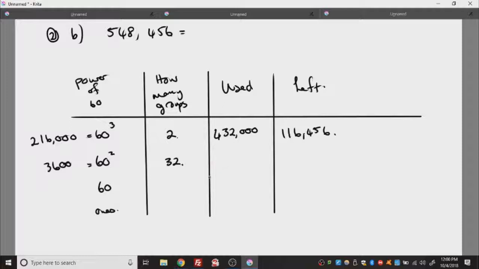So now I've used 32 groups of 3600. How much is that? That means multiplication. So 32 times 3600. It's hard to multitask.